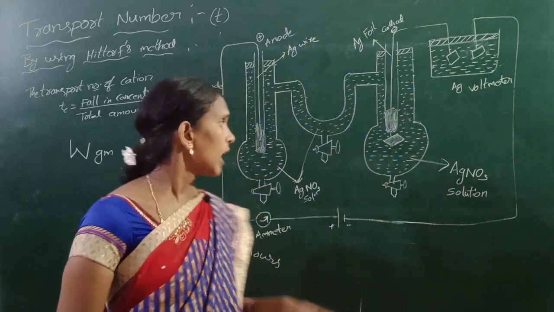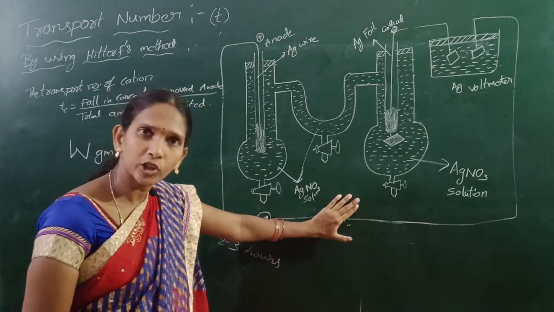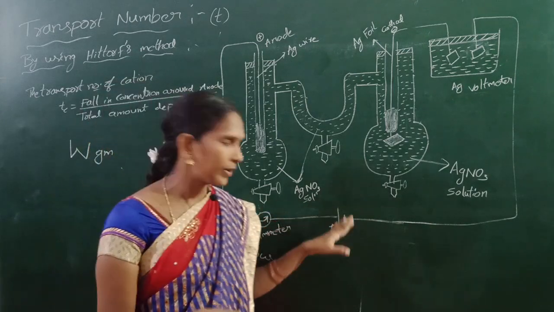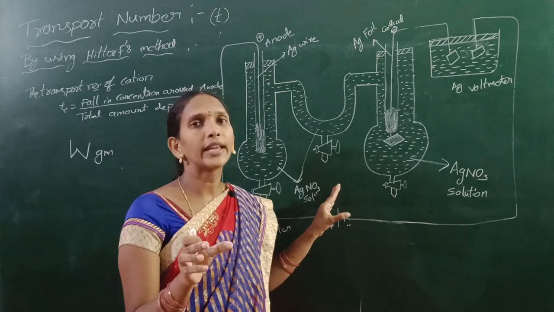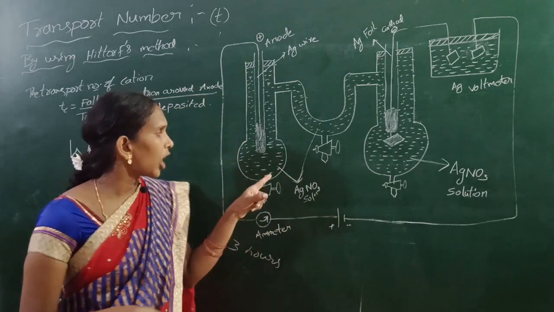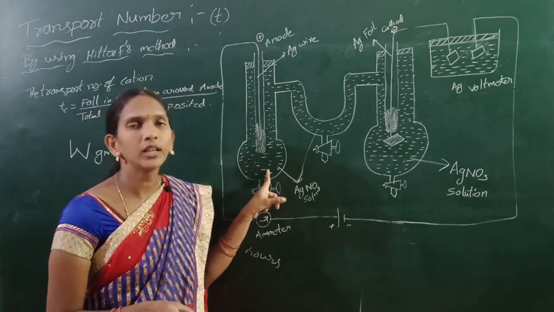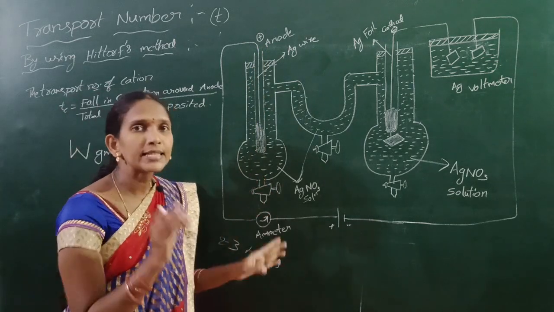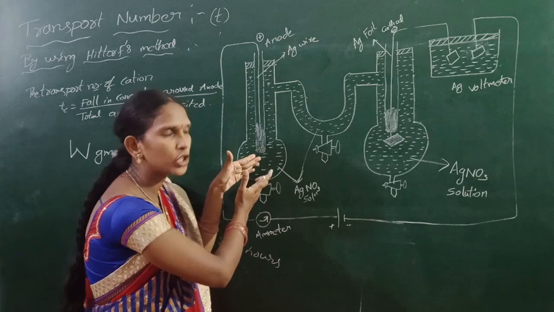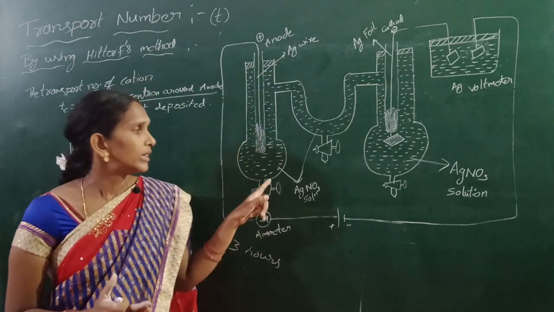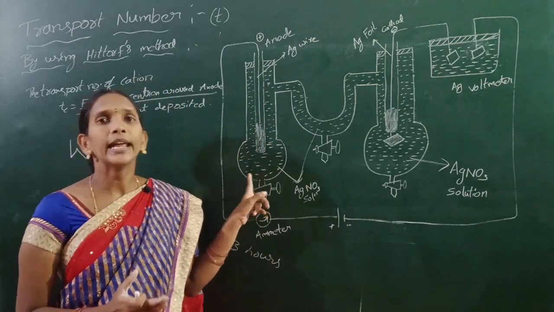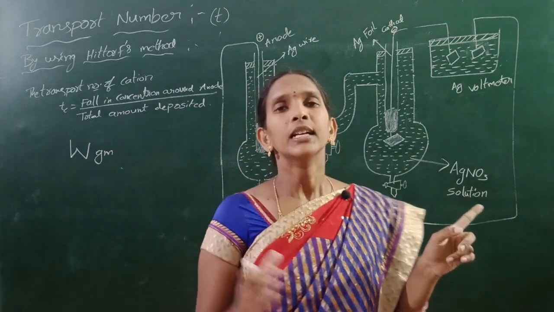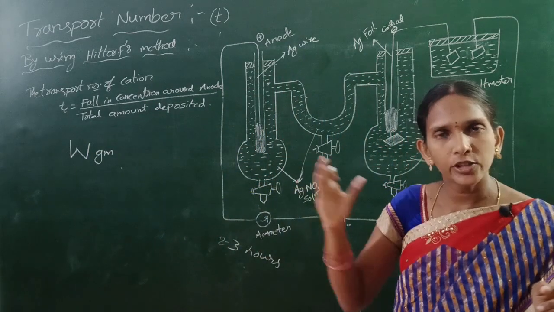Next, after completion of electrolysis, we take some amount of AgNO3 solution from the anode bulb.